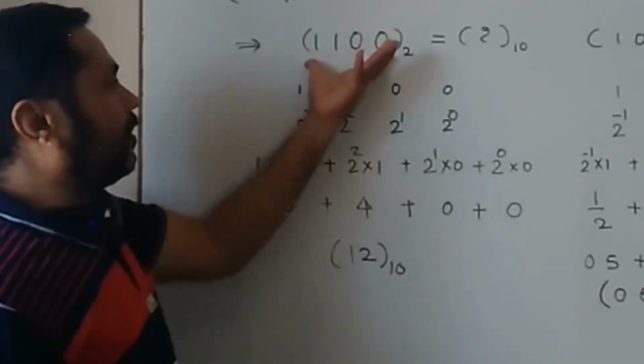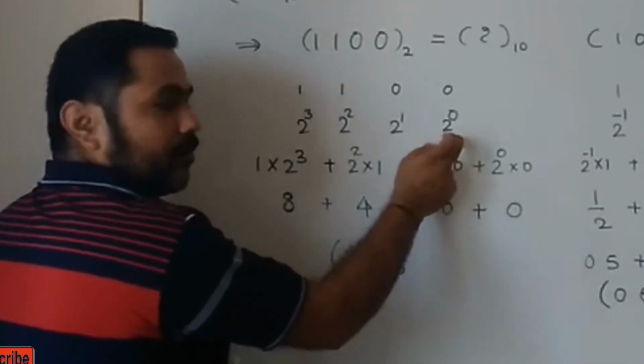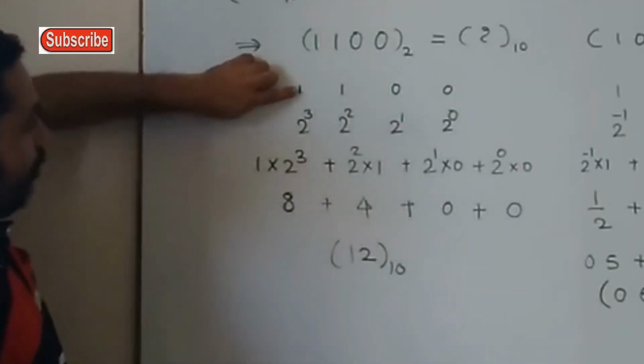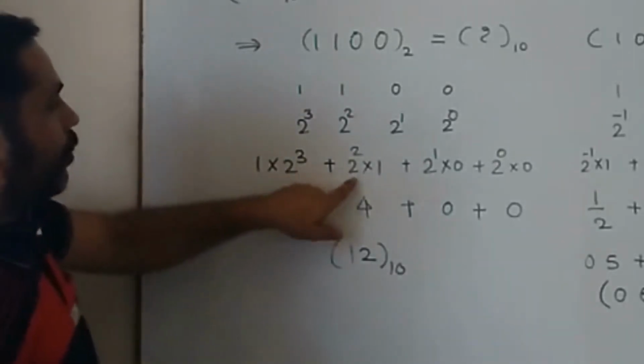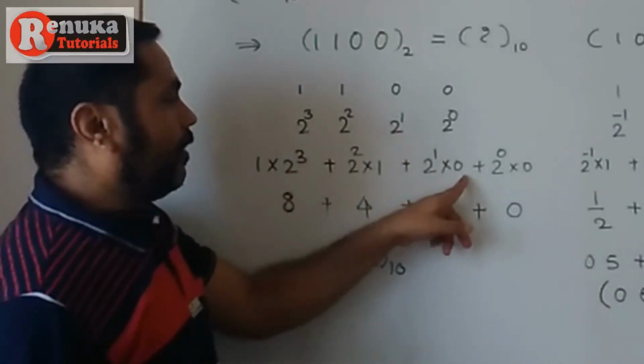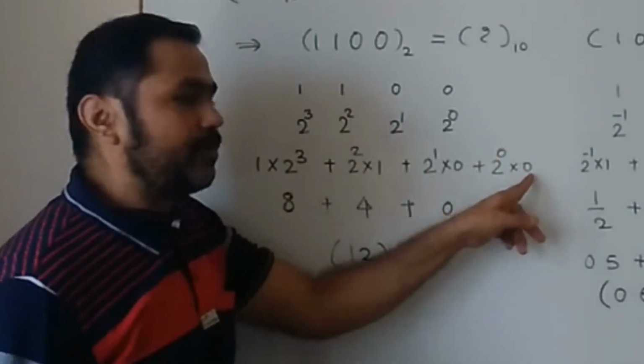We multiply these place values with the binary bits: 2 raised to the power 3 multiplied by 1, 2 raised to the power 2 multiplied by 1, 2 raised to the power 1 multiplied by 0, 2 raised to the power 0 multiplied by 0.